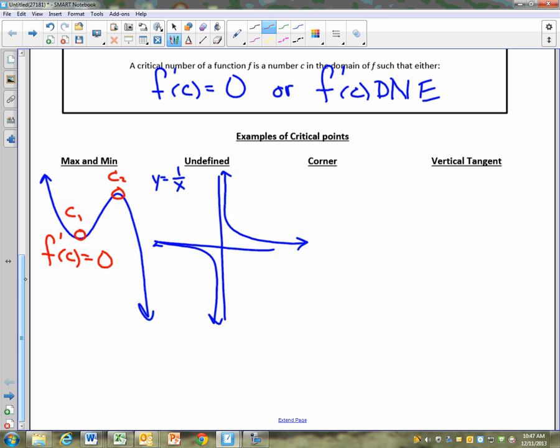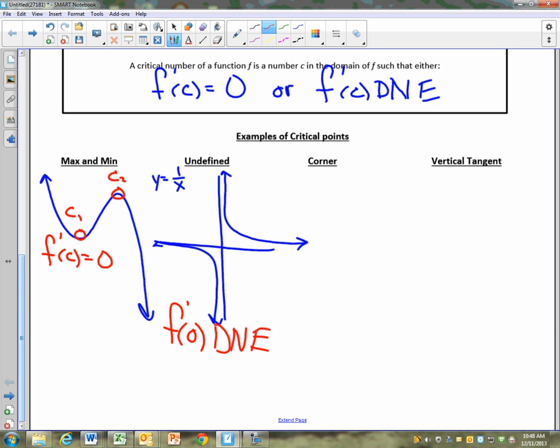So where's the interesting spot that we have to check here? Where is the derivative undefined? 0. f prime of 0 does not exist. The function cannot be evaluated at that spot. That's an interesting spot for us where it's undefined.